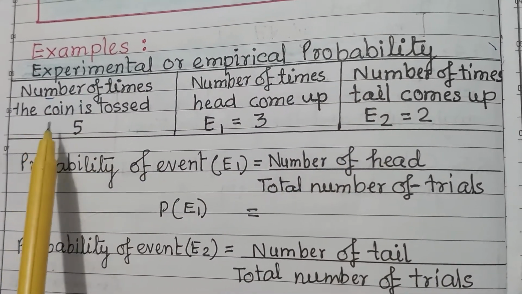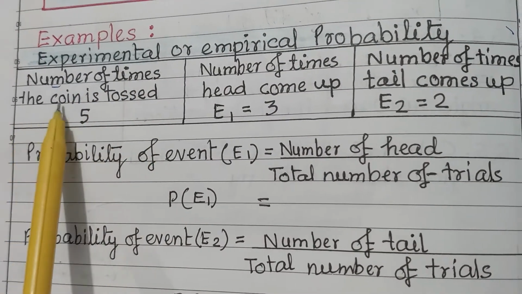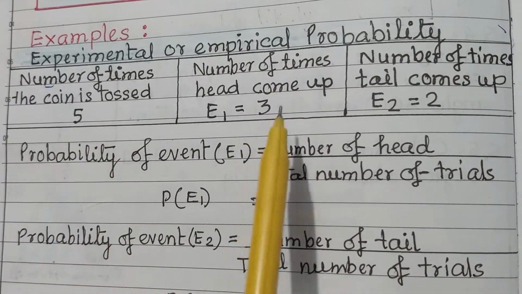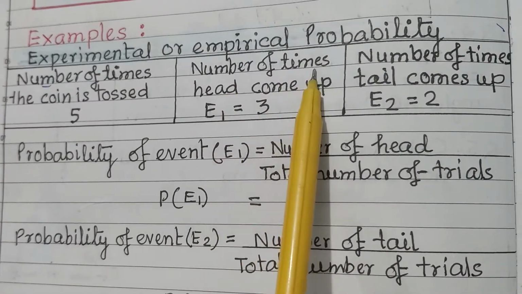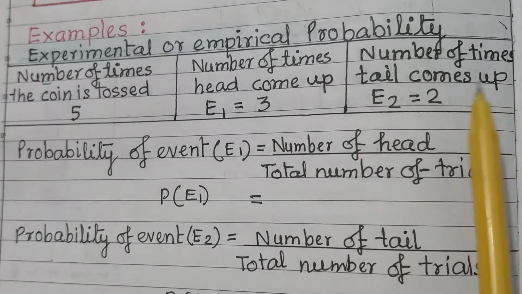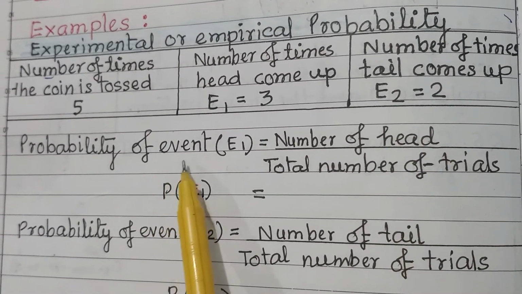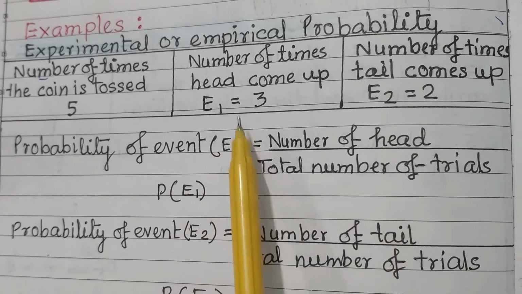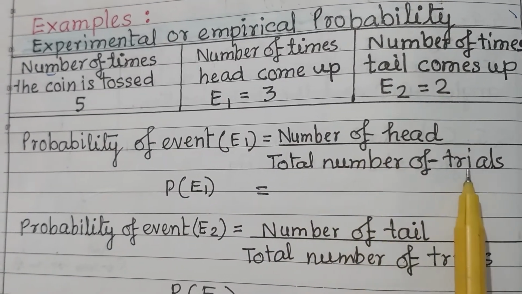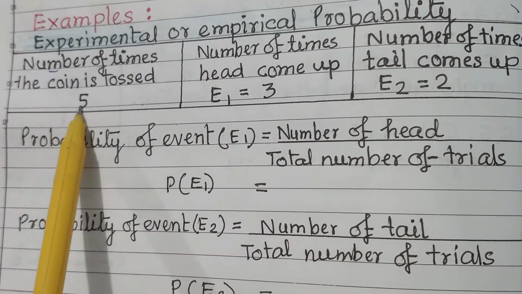Now an example of experimental or empirical probability. Suppose one coin is tossed 5 times. The number of times head comes up is 3, and the number of times tail comes up is 2. So the probability of event E1, head, is the number of heads, 3, upon the total number of trials, 5.